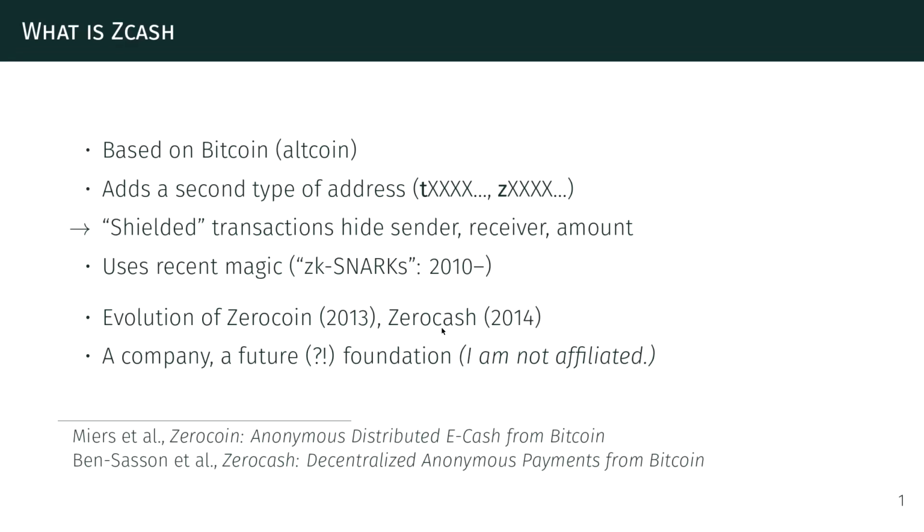Now, a number of the inventors of Zerocash and a number of other people have formed a company in order to actually get the system off the ground as its own altcoin. And I'm told they are also in the process of forming a non-profit foundation to govern the future development or something. Little disclaimer, I am not affiliated with any of these entities. I'm just an interested bystander who happens to think he can explain this stuff a little bit.